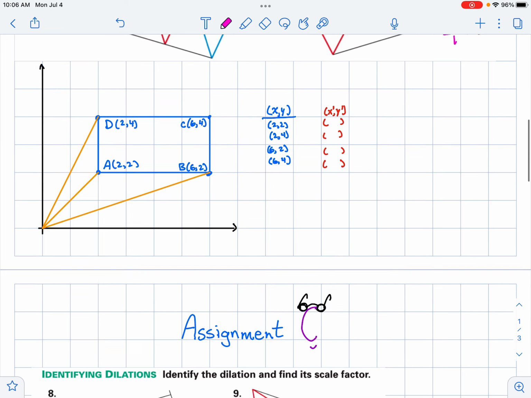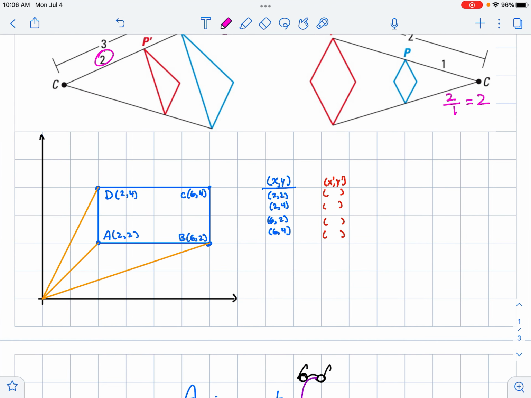Now let's look at another example. Let's suppose we have a rectangle with these ordered pairs: 2, 2; 6, 2; 6, 4; and 2, 4. We want to apply a dilation with a scale factor of 1/2 to that. Let's look at these points and see what happens. I'm going to cut all the coordinates in half.